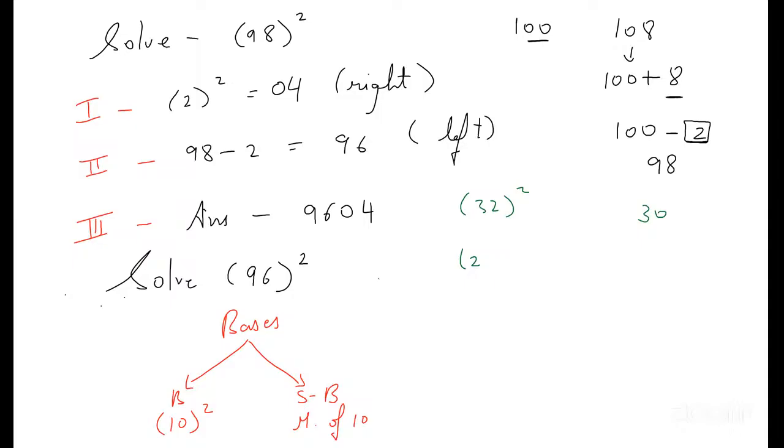So 2 squared we will do, 4. Since it's a 2 digit place with only 10 there, I'll just keep it as it is. Then I'll do 32 plus 2, ma'am, that is 34. Then it becomes 344.